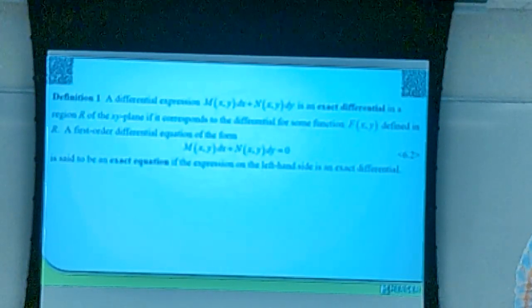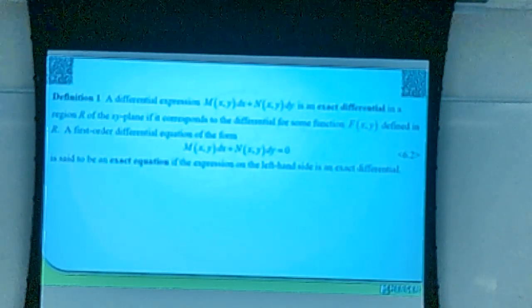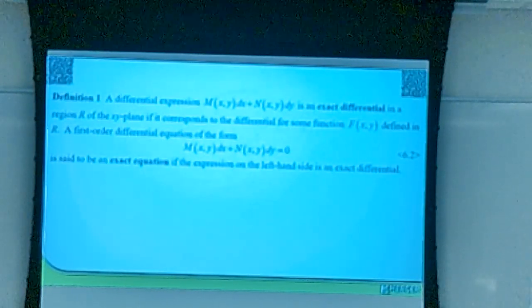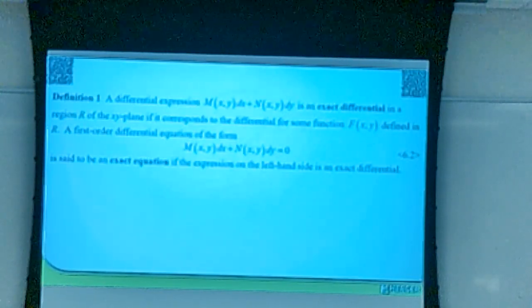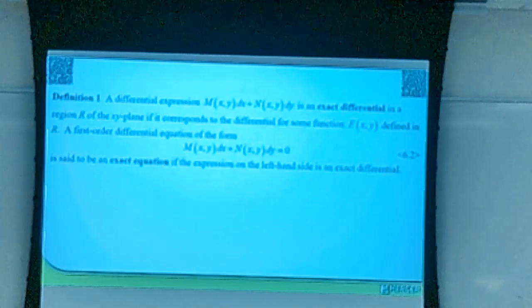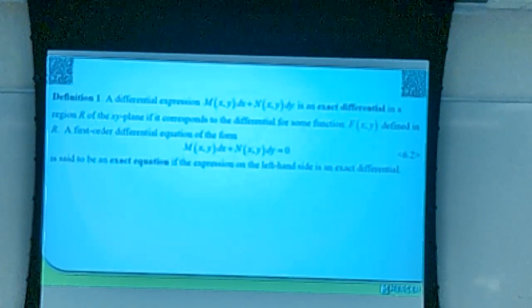Right, so that expression is an exact differential in a region R if it corresponds to some function big F of x,y defined in R. This is where the vectors can come in handy. That big F is called the potential function.